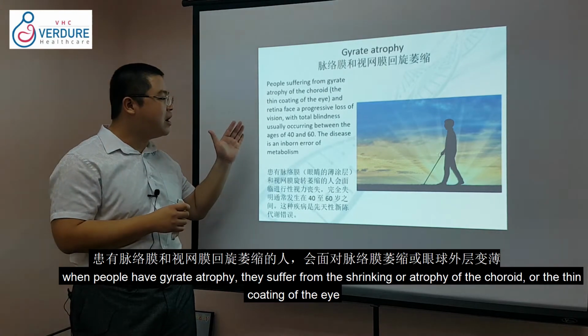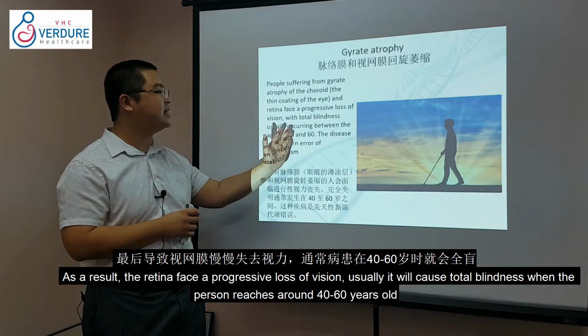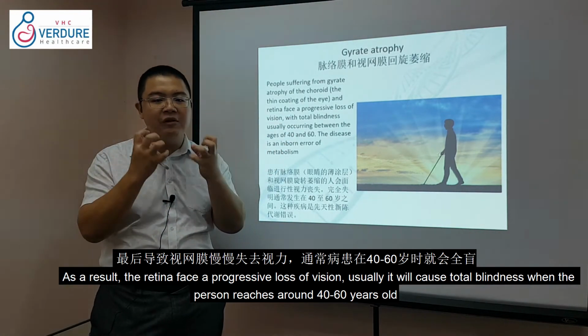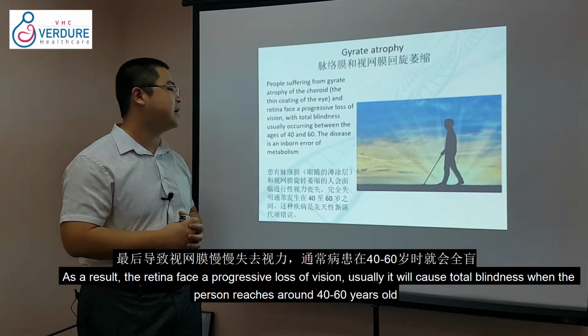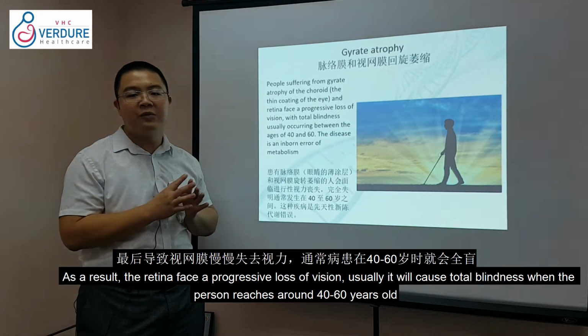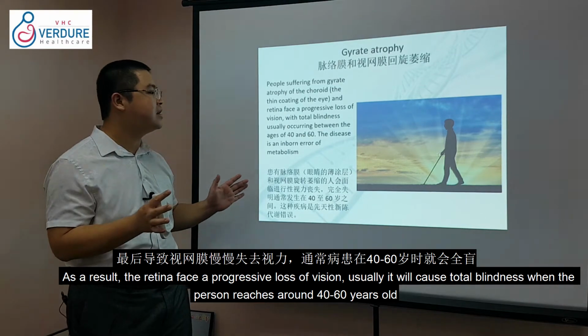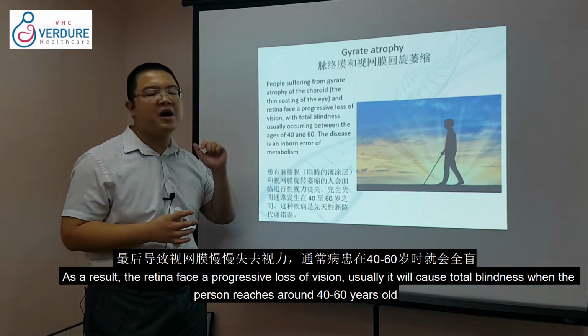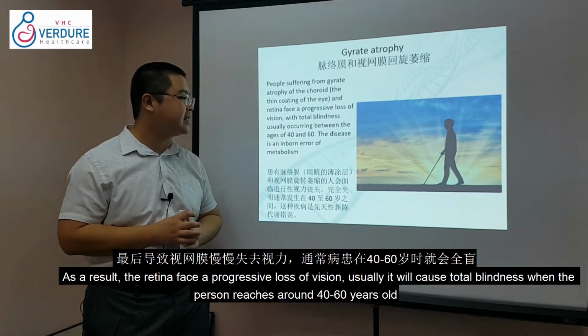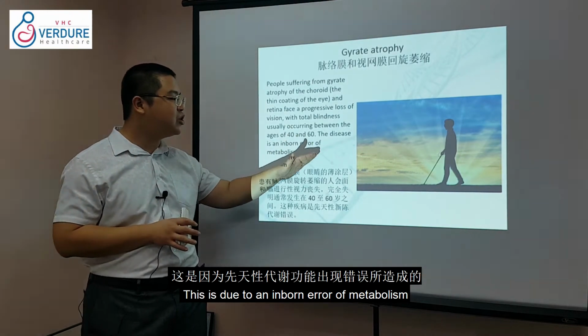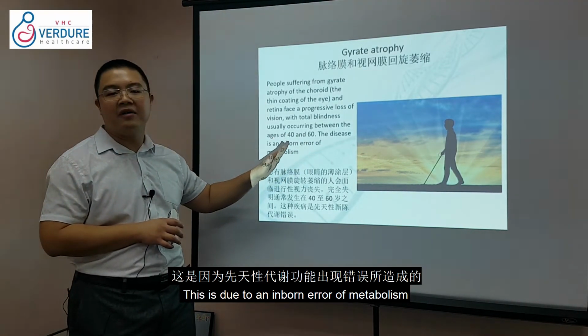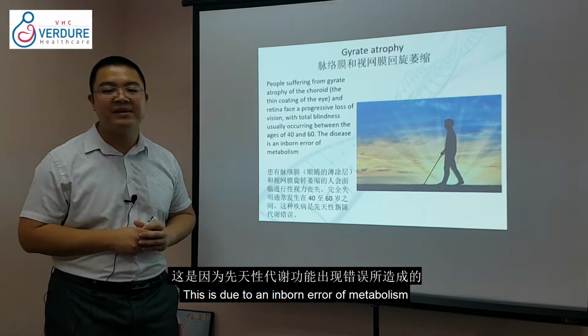As a result, the retina has a progressive loss of vision. Usually it will cause total blindness when the person reaches around 40 to 60 years old. This is due to an inborn error of metabolism.